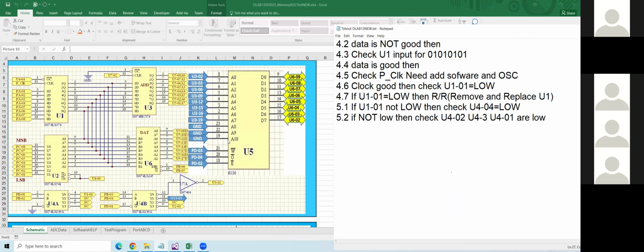Now, on test number 2, you test U1, U2, U4 for data AA. If they fail, only U1 or U2, not U4, so you only need to check U1 and U2. If U4 is not working, they fail that one, not you.